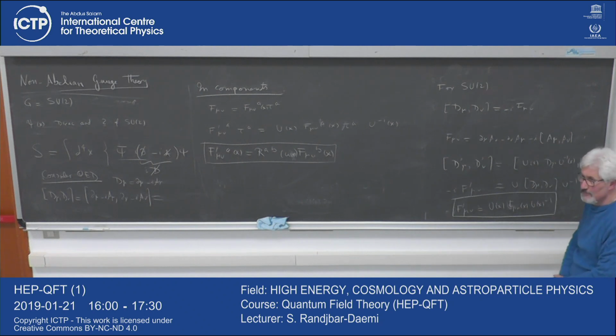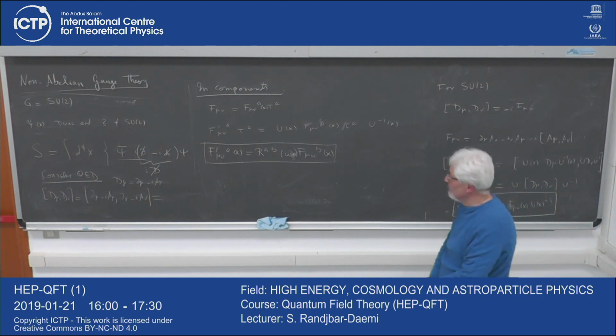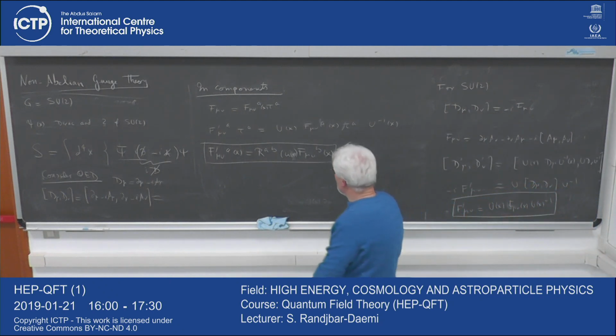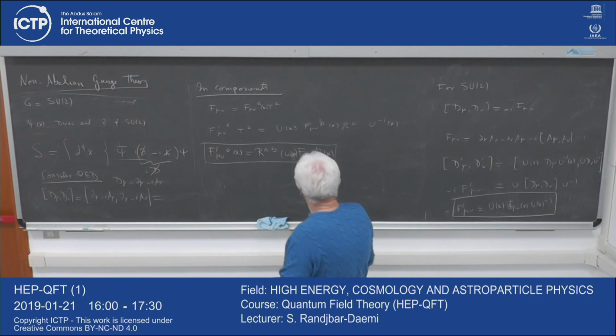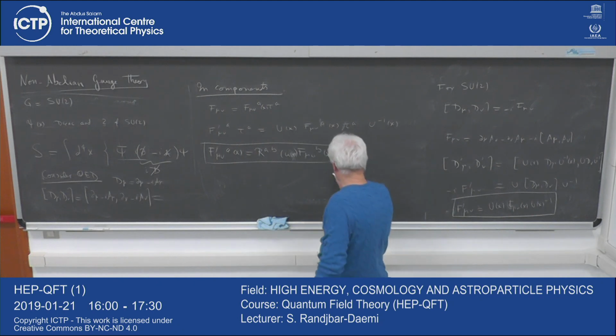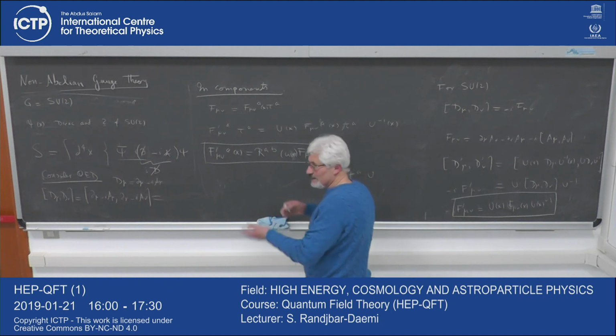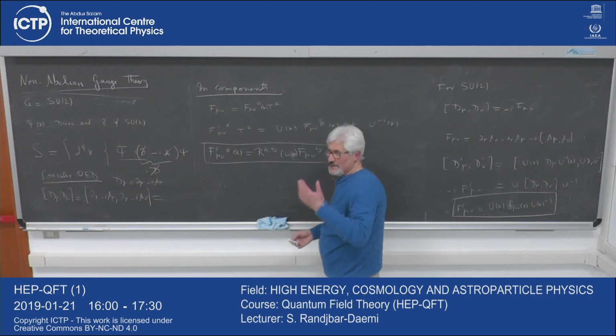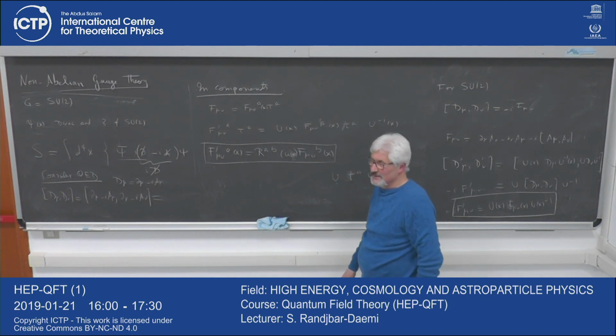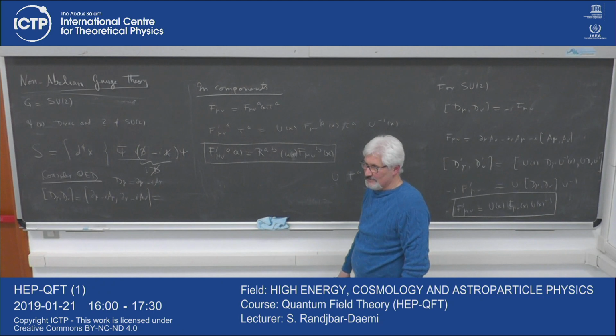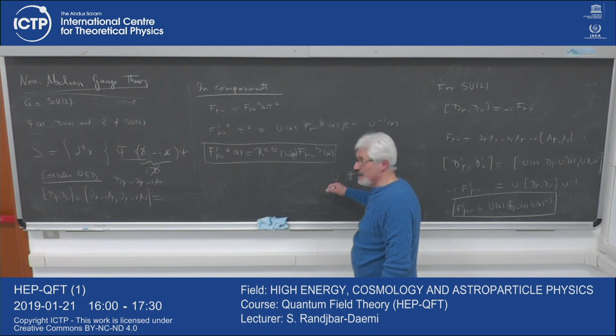For the larger dimension, the generators are different. First of all, for other groups you will have U tau U dagger, where U will be the fundamental representation of that group, whatever it is. For example, if the group is O(N), this will be an n by n orthogonal matrix.